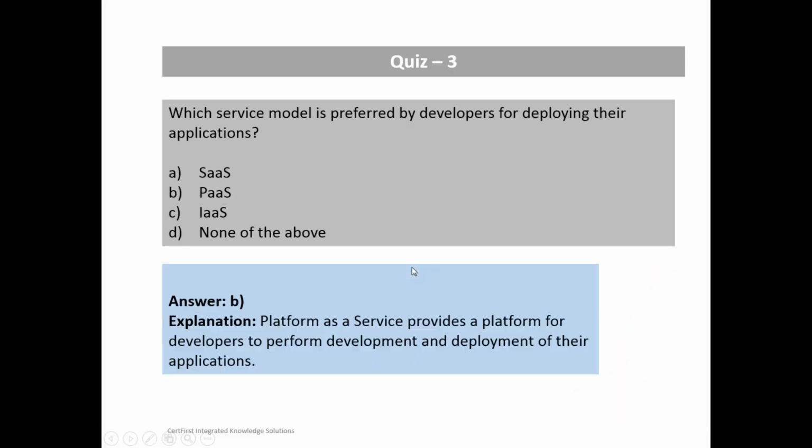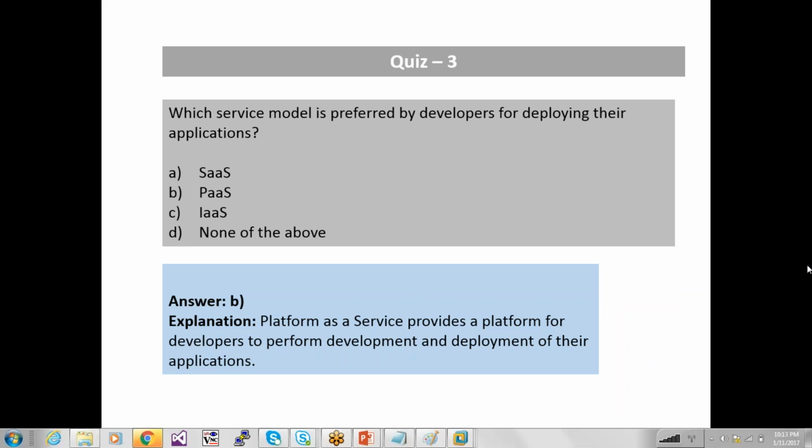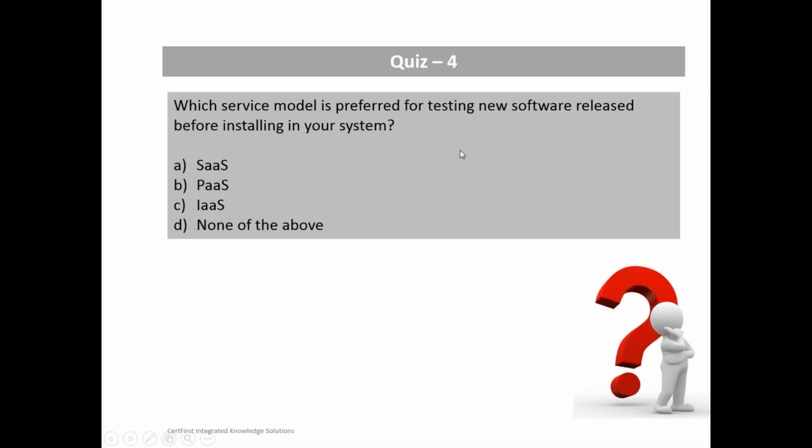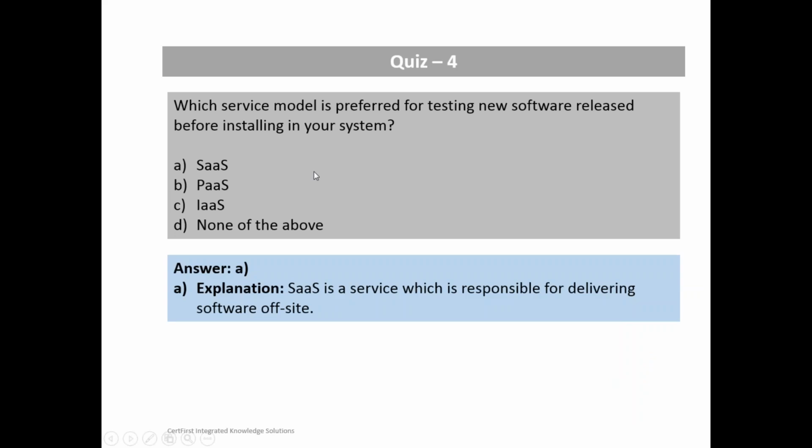Okay, the answer is B. I think it's B. Yeah, platform is where the code is written. Everybody agrees to that, I hope, yeah? Next one, please. Alright, so that's A. That's software as a service.